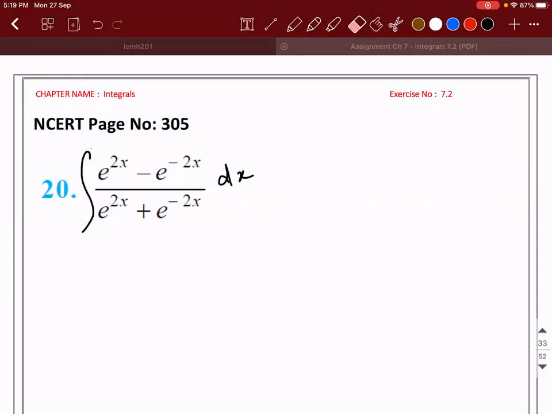Shall I proceed? What is the answer, guys? Log of e power 2x plus e power minus 2x plus c. Is it 2 log of? Yes, sir, I got 2 log of. Is it 2 log of or by 2?